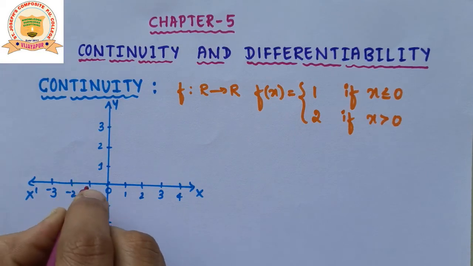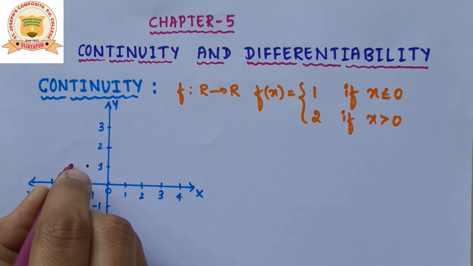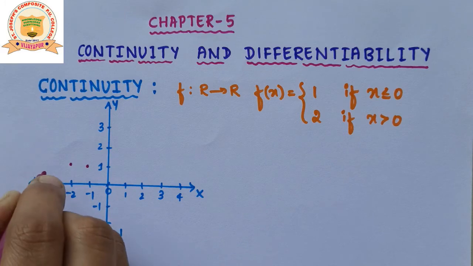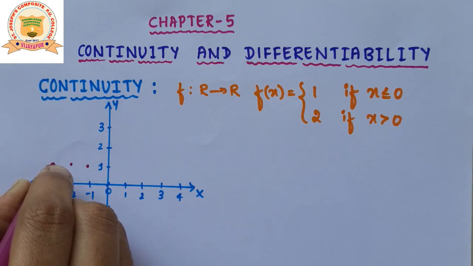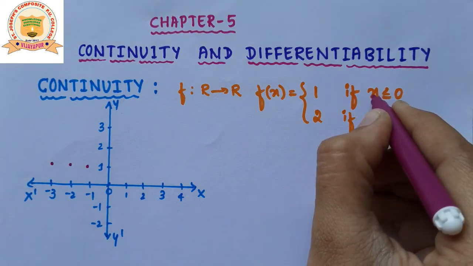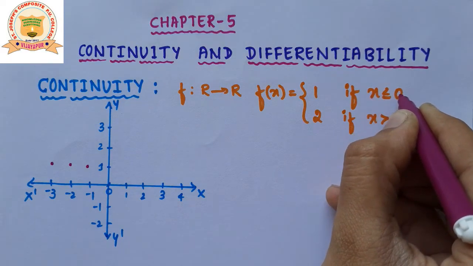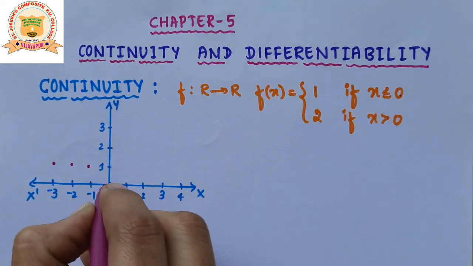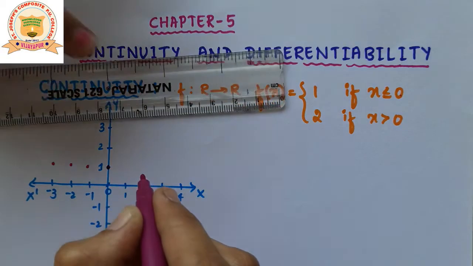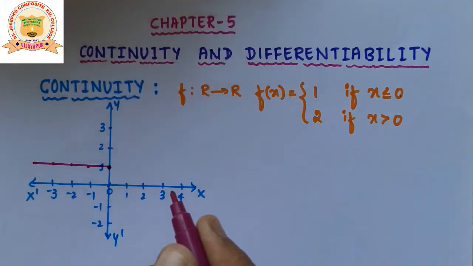For x equal to 0 also, the value of the function is 1. If you join all these points, you will get the graph like this. This is left of the origin.